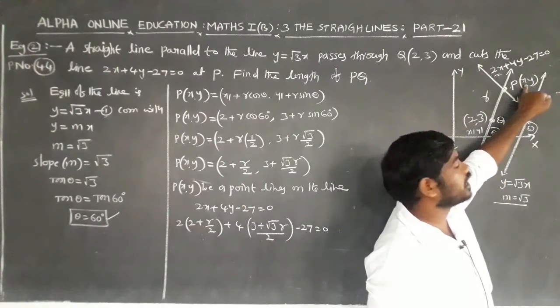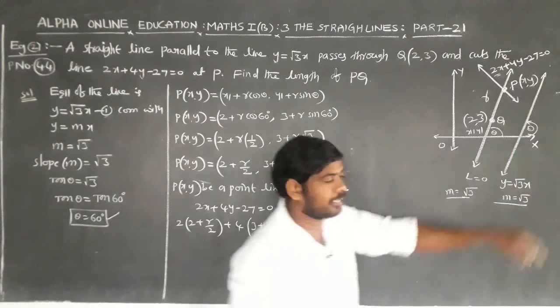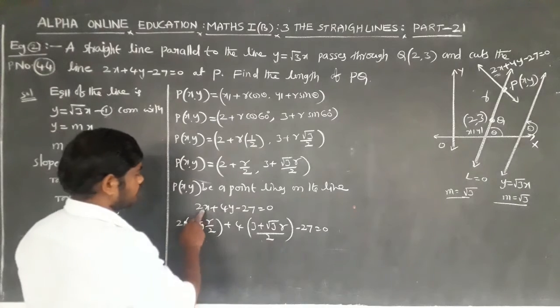So the coordinates of P(x, y) lie on the line 2x + 4y - 27 = 0.